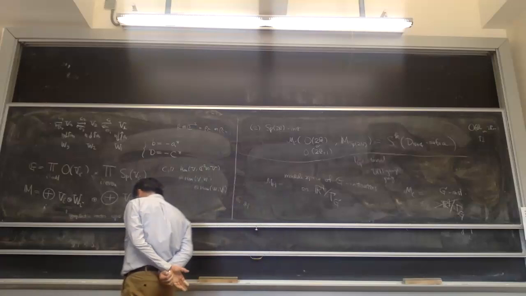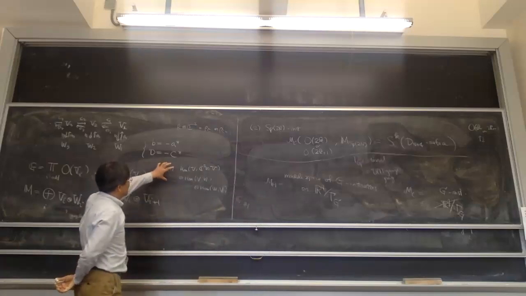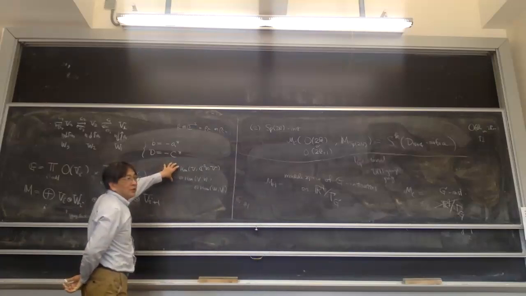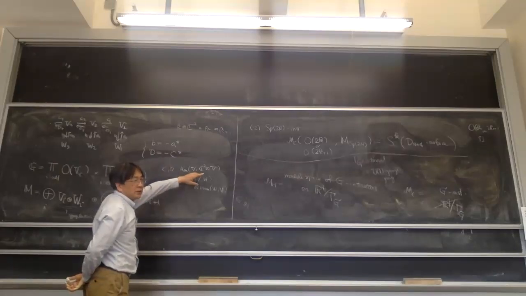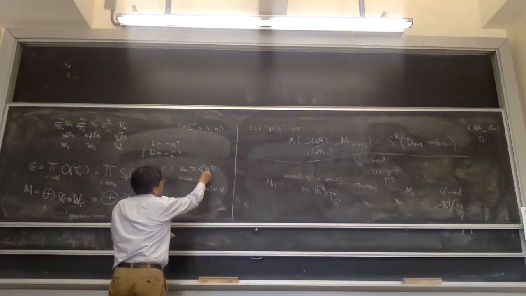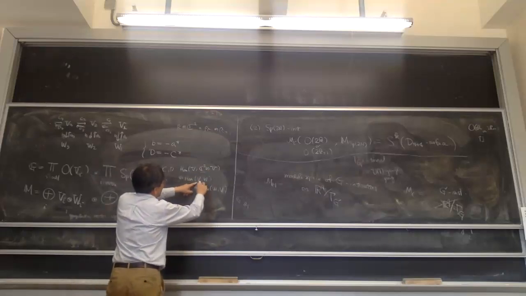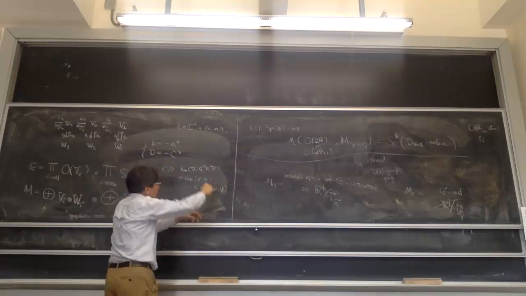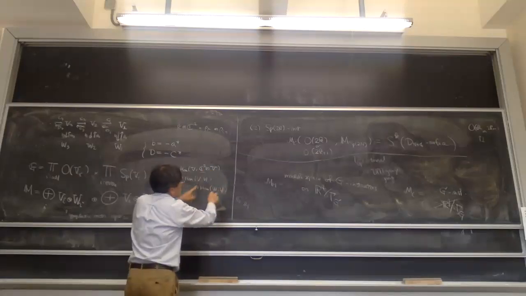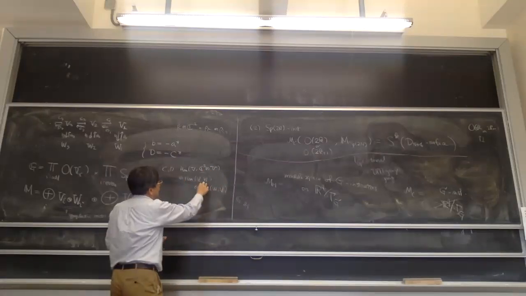And you need to understand what the SL2 action should be on the original space. SL2 acts only on here, not on this. Because unless you identify W with W star, well, this is already V and V star, then you cannot identify this with this.